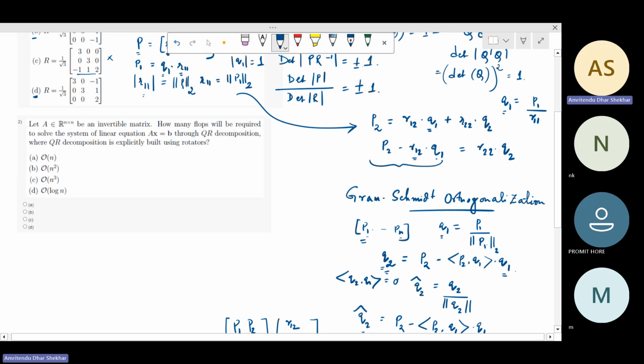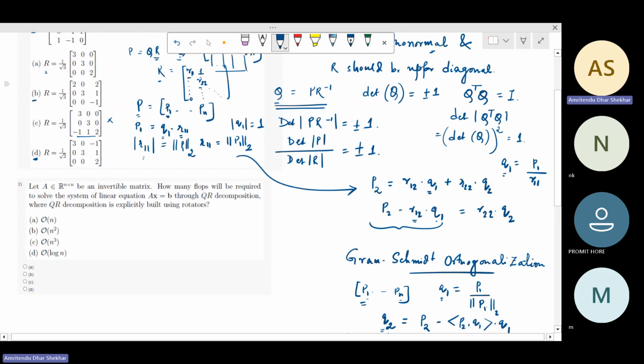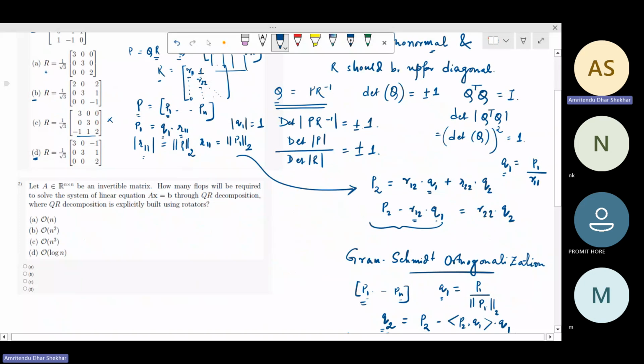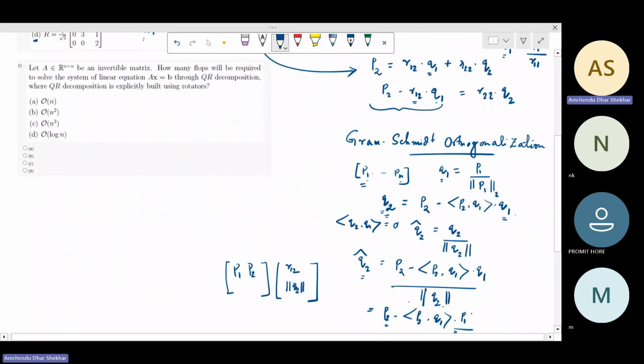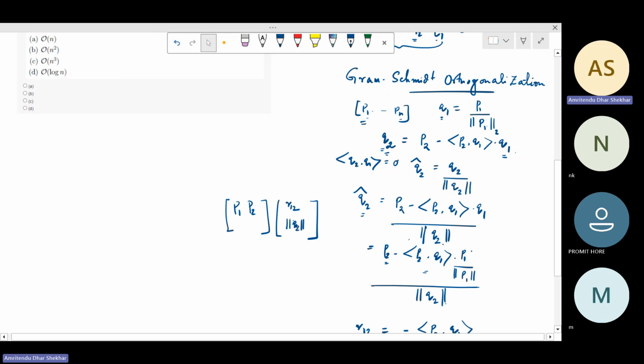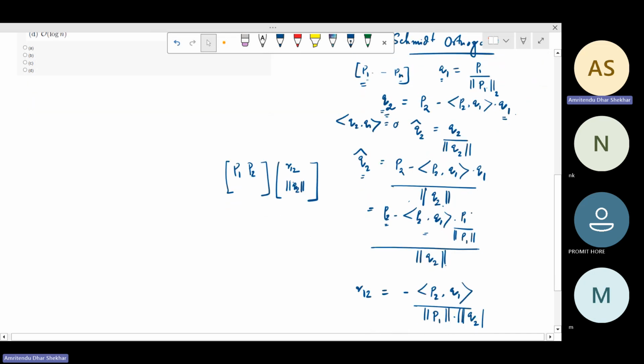Right. And likewise, you solve for the rest of these entries over here. It's just the Gram-Schmidt orthogonalization, and you keep on producing the entries in this way, right?